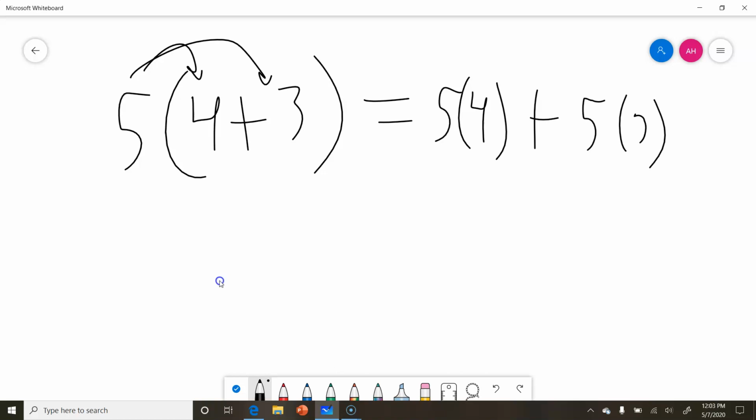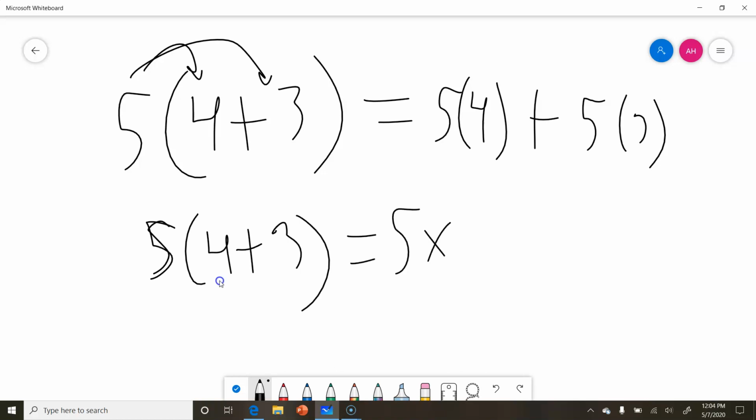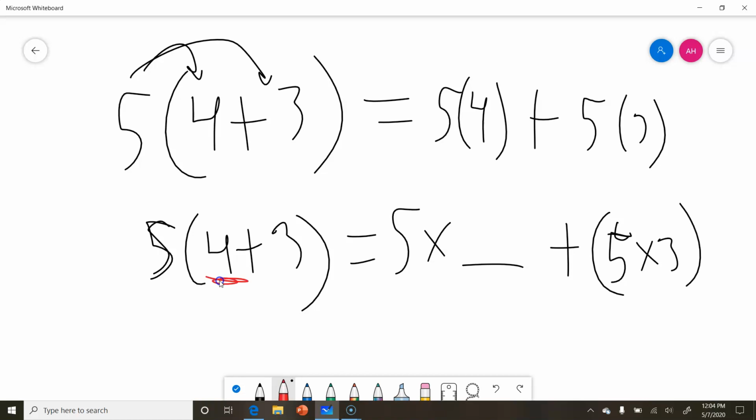Okay, so that's an important one. So if they wrote something like this, 5 times 4 plus 3 equals, and then they had 5 times blank plus 5 times 3, you would know what's here, what's being multiplied, the 4. Yay, because that's going to be the distributive property.